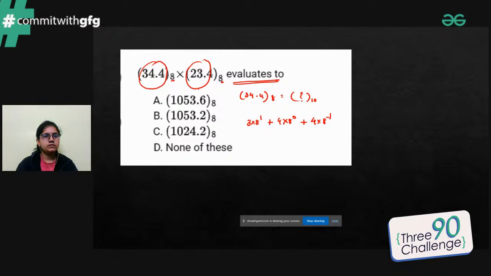See, if you directly multiply, this is not something in octal form. Just try to simply multiply it. What is the result you can get?